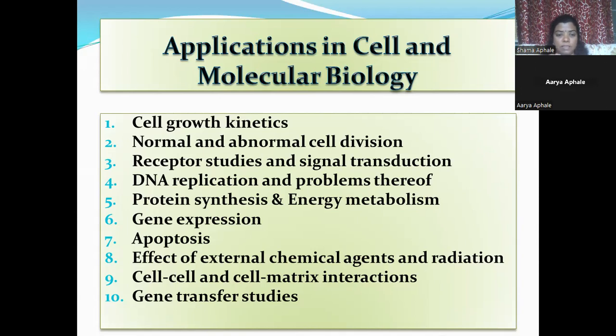Next is cell-cell and cell matrix interactions. As we discussed, each tissue is made up of a microenvironment that is specialized for that particular organ. These cell-cell interactions and cell matrix interactions are specific for the specific tissue. They are affected in case of disease conditions.